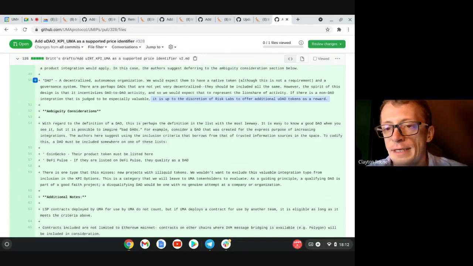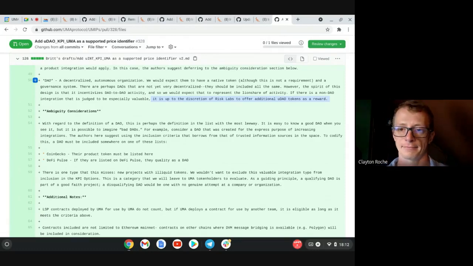And instead of trying to capture that edge case in this UMIP in any particular way that it would pay off directly, we would just say, hey, this is actually a really cool angle. We want Super UMAns' help with this. And we could just give additional UDAO tokens. By the way, we changed UMA to UDAO. That's what that means. Does that make sense?